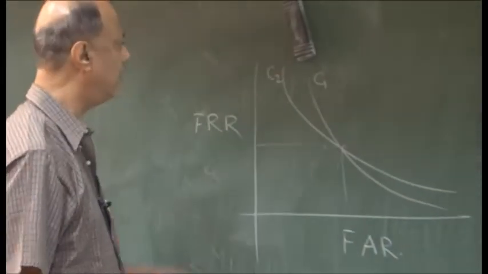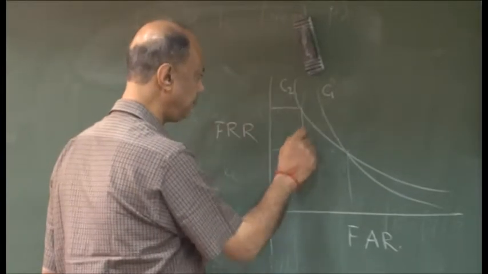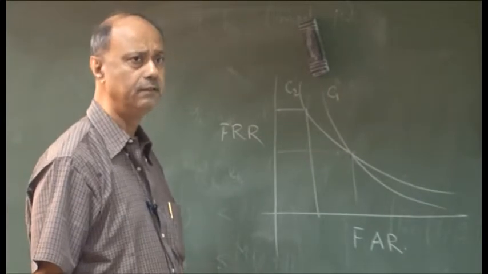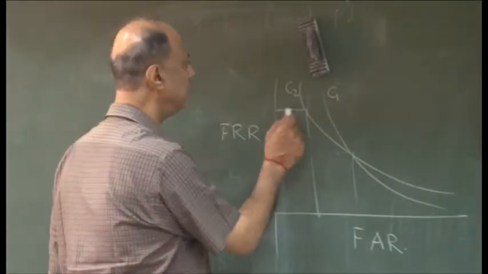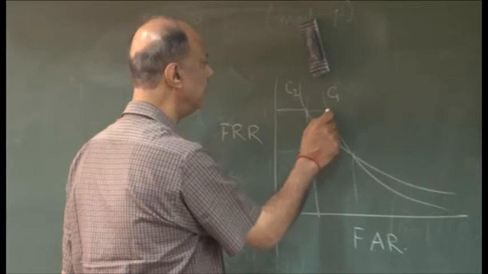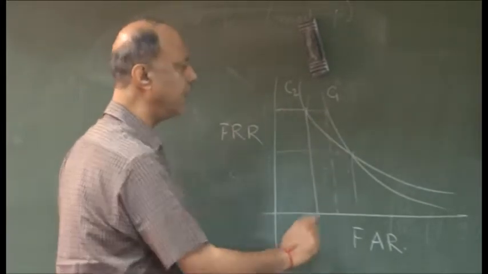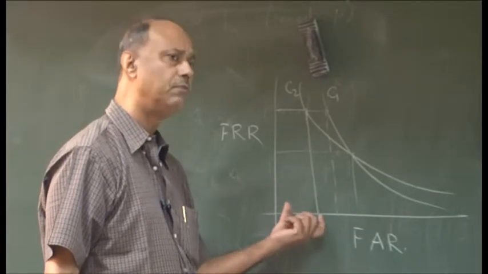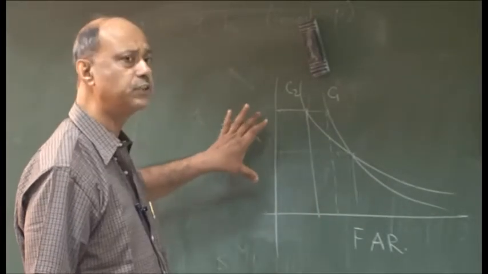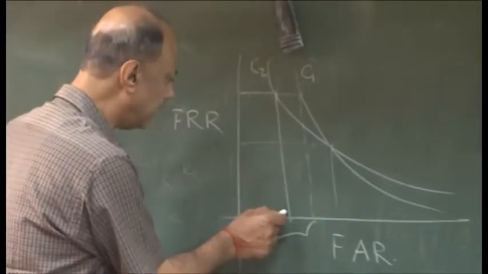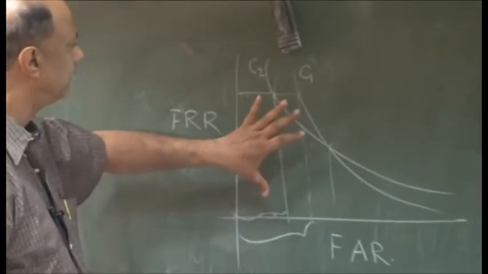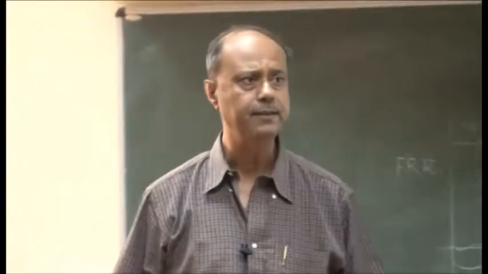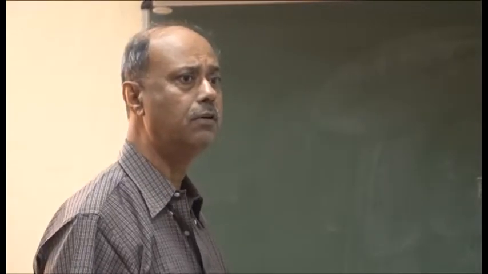In that case, C2 will be better than C1, right? Because I am keeping the false rejection rate fixed, and the false acceptance rate here is higher than this one. So you will say that C2 is the better matcher. Am I right? Yes or no?